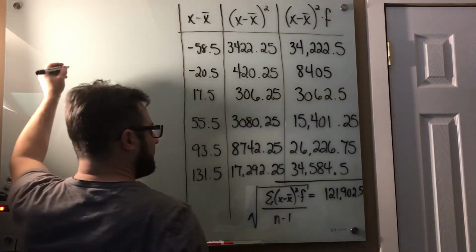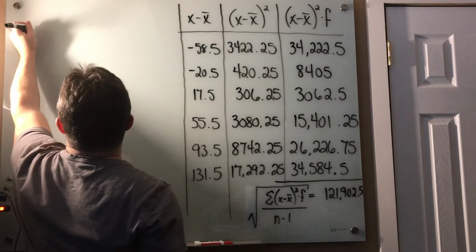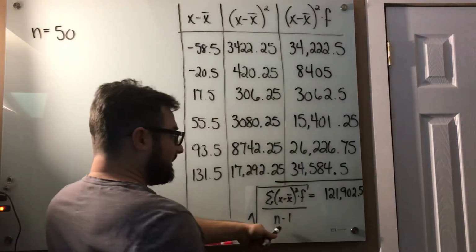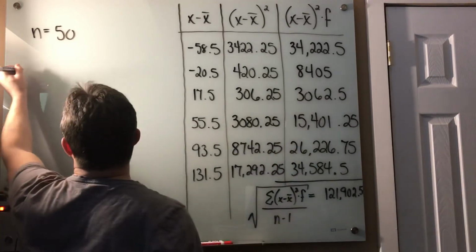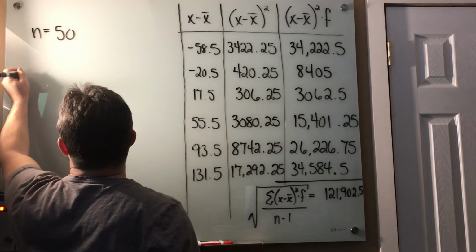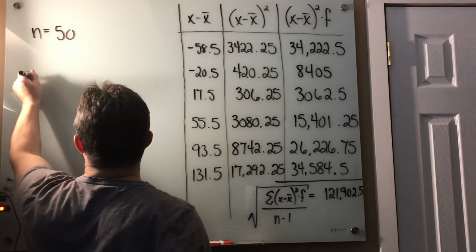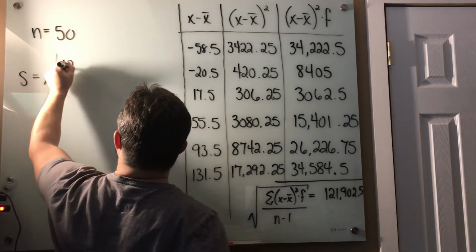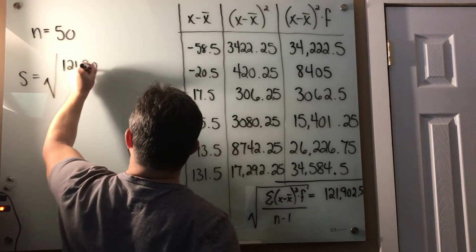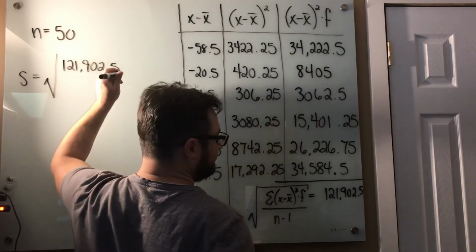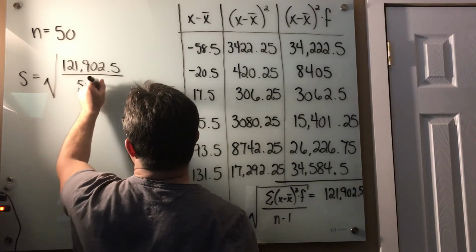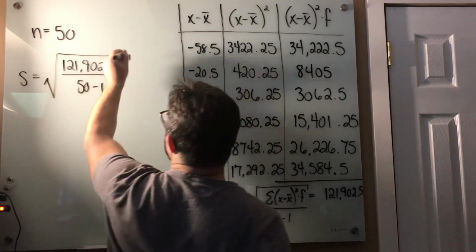So remember that the n is the sample size. So in the denominator here, we're going to have to subtract 1. So our standard deviation then is the square root of 121,902.5 over 50 minus 1, or 49, if you will.